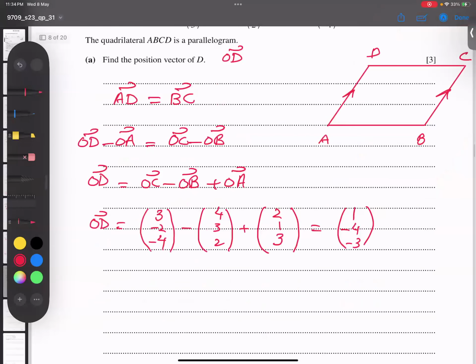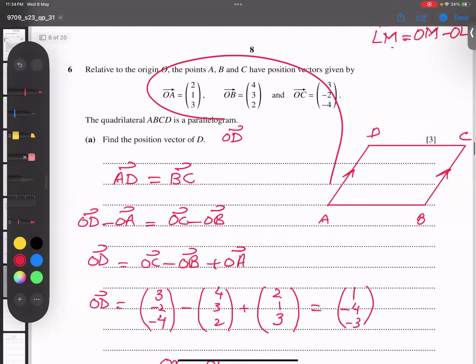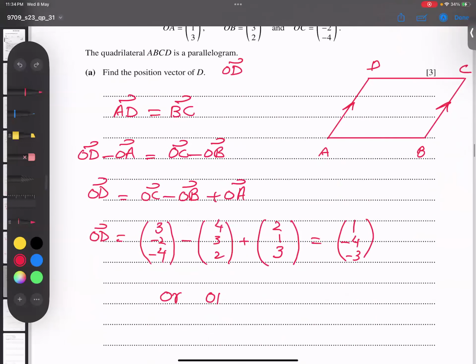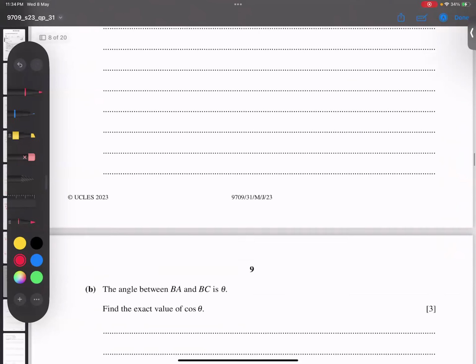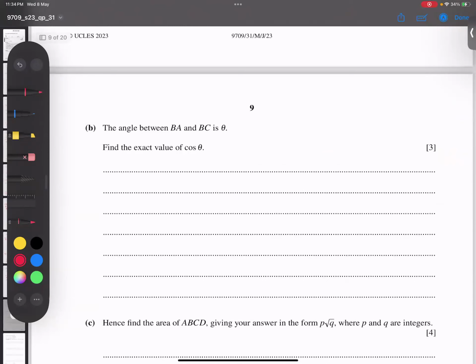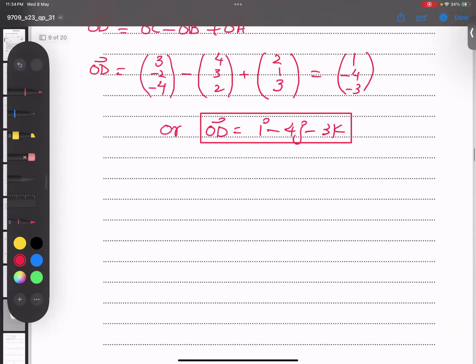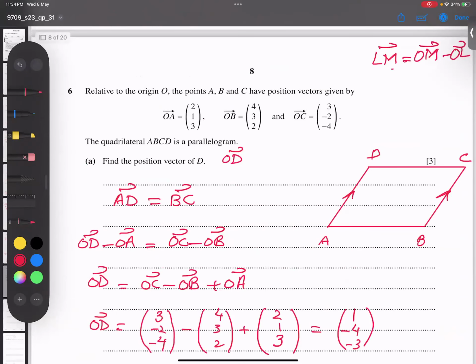So you can stop here, or you can write what? OD, because he wrote in column vector form, so you can stop here even. Or second option you can write is i minus 4j and -3k. Both answers are correct. Next part, he said the angle between BA and BC is theta. Where are BA and BC?